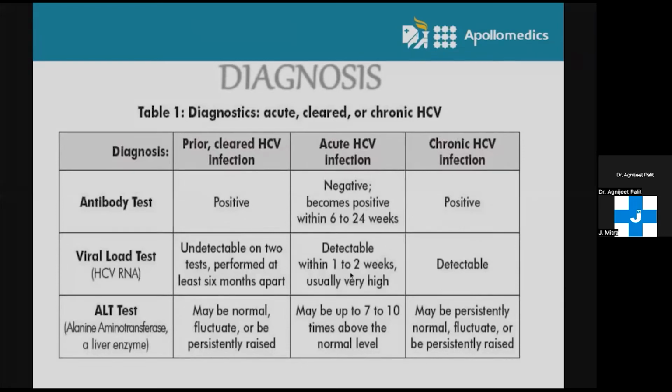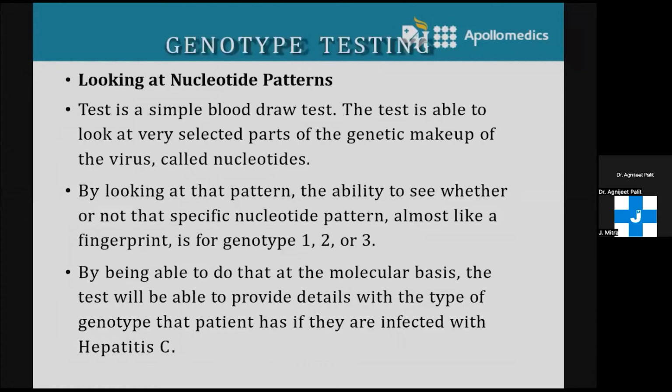The RNA is detectable at a very high level, and ALT, that is aminotransferase, may be 7 to 10 times above normal. In chronic HCV infection, again the antibody test will be positive, the viral load test will be detectable, and there may be persistently normal, fluctuating or persistently raised aminotransferase levels.